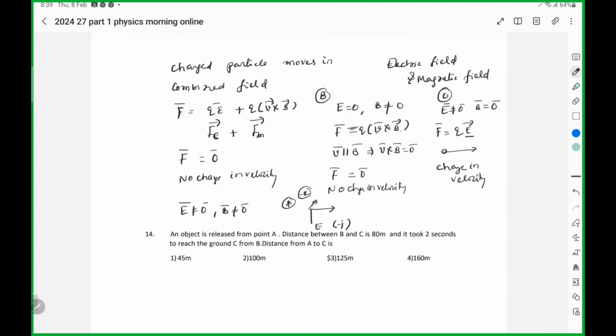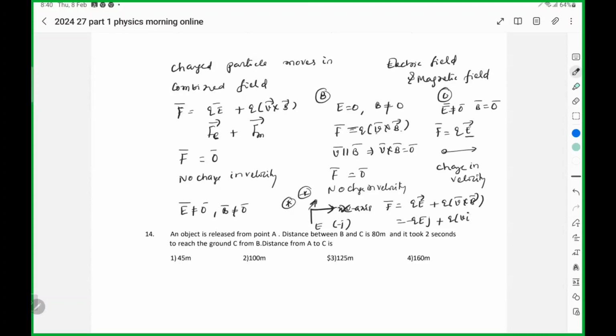The charged particle is moving along the x-axis, let us say. Then the net force will be QE plus QV cross B. E here is minus QEJ.